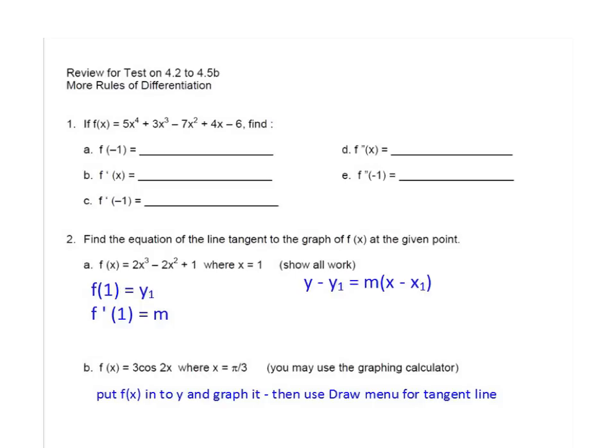Okay, so now this is the second review sheet in your packet. So for A, f of negative 1 means plug the negative 1 into the original function and find that value. So you can use your calculator.